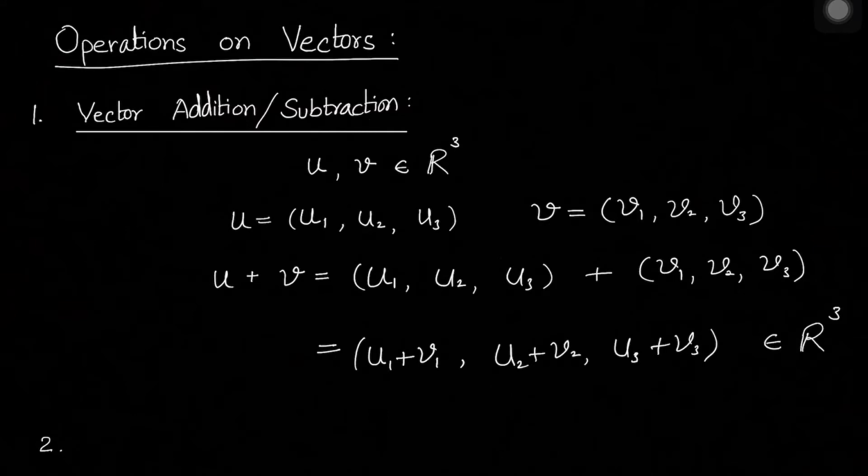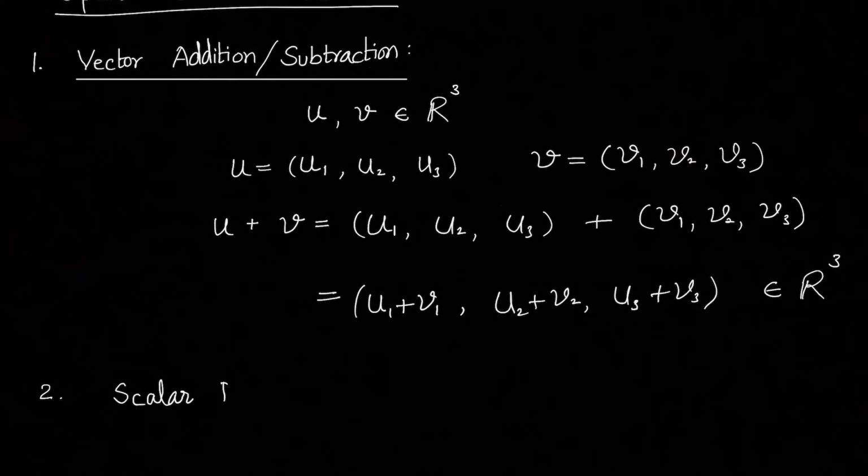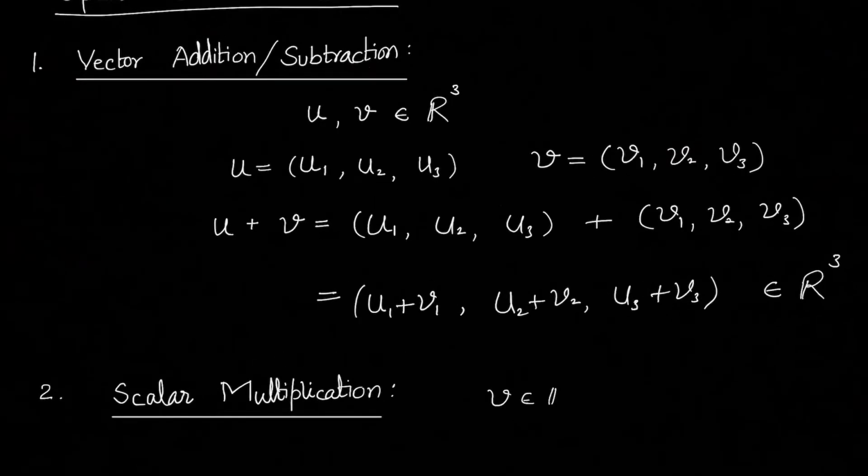Second operation is the scalar multiplication. Suppose you have any vector v and you have any scalar k.